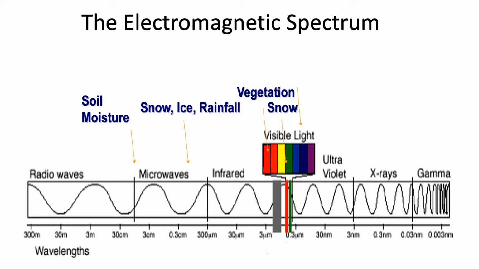So we see here highlighted on this cartoon of the electromagnetic spectrum, we have soil moisture, snow, ice, rainfall, and vegetation. And the region identified as microwaves, this is the region of the electromagnetic spectrum that is sensitive to soil moisture. And in the next figure, I'll show you how that is done.